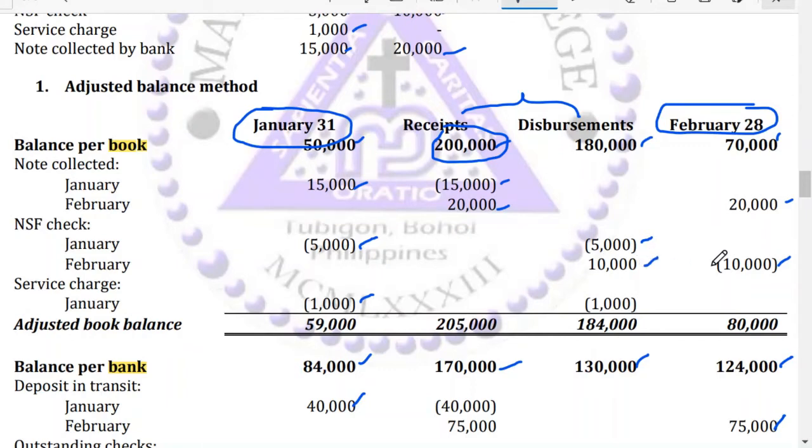That's why you're going to add. Next, service charge. Para sa siya treatment atong NSF check. Diba, ang service charge, nadawat nato ang info pagka February. So, na-appeal nato siya sa disbursements pag February, which is not correct because we're looking again only for the February receipts and February disbursement. And if you include that here, so 180, dili na sakto ang disbursement. So, you're going to deduct.